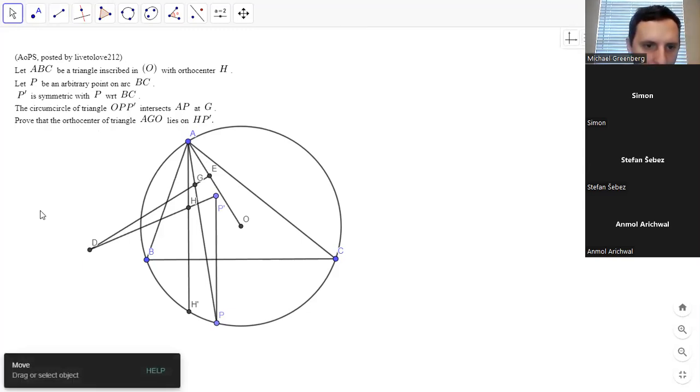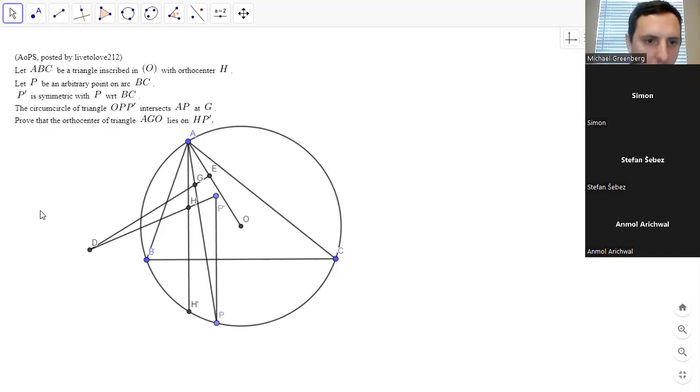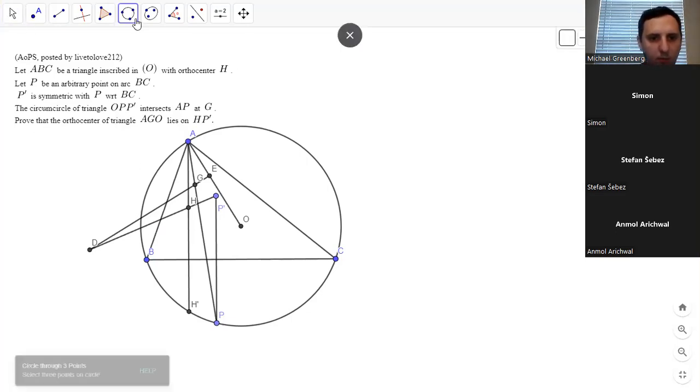So I think if we let D be the orthocenter, it is very easy to prove that it lies on OPP prime. Okay, so define D to be the orthocenter. Let's do it that way. Oh yeah, I hid this circle.